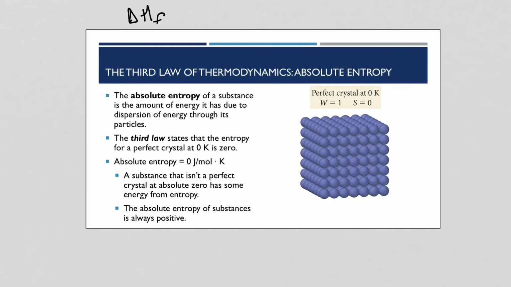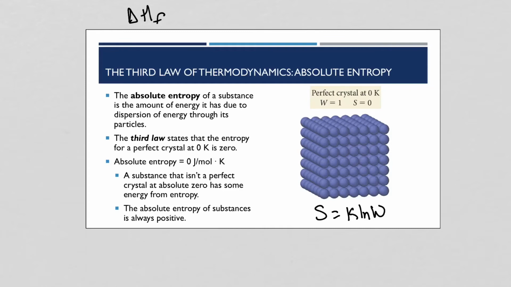Now, if you want to think about why that is the case, how can we sort of prove that? If we remember, Boltzmann defined entropy as S equals k times the ln of W. So in a perfect crystal, W would be 1, and the natural log of 1 is 0.